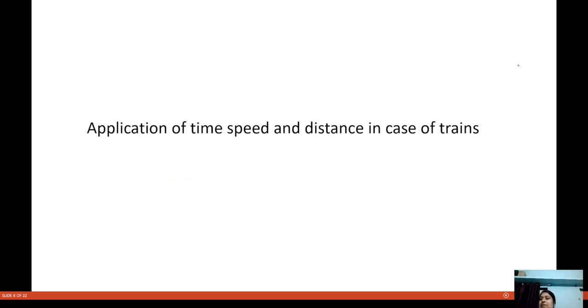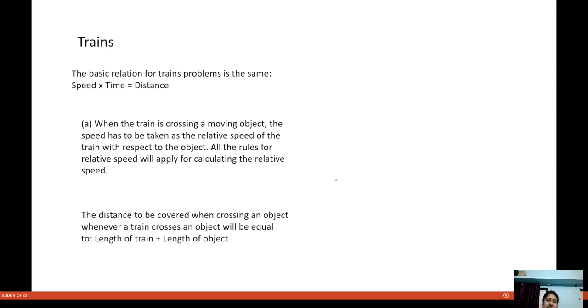Our next topic is application of time, speed and distance in case of trains. The basic equation will be the same, speed into time is equal to distance. Now see, we'll have two conditions: when the train is crossing a moving object or crossing a stationary object. We'll see them one by one. The first case is train crossing a moving object.